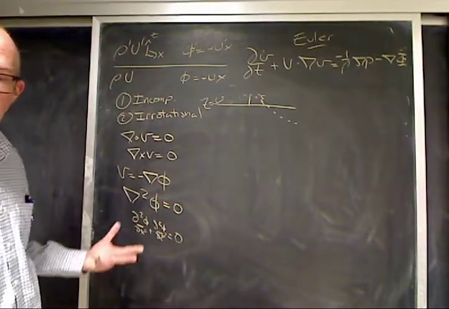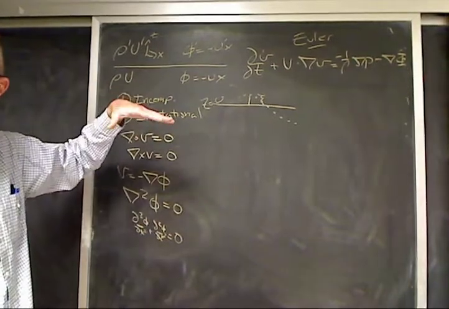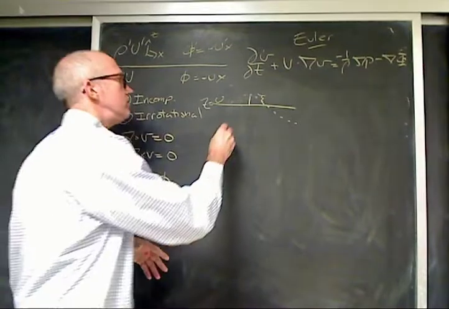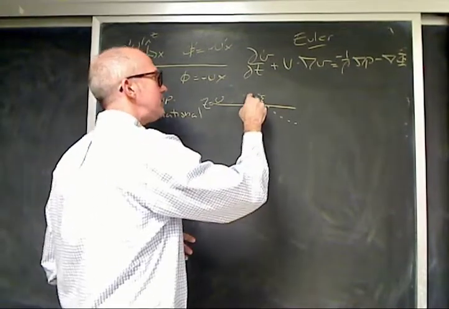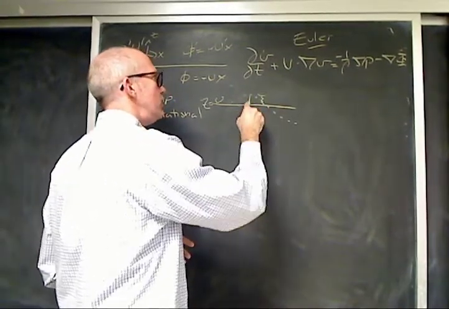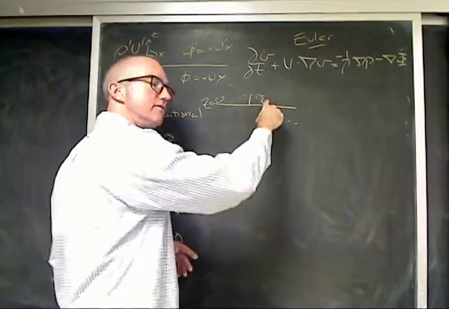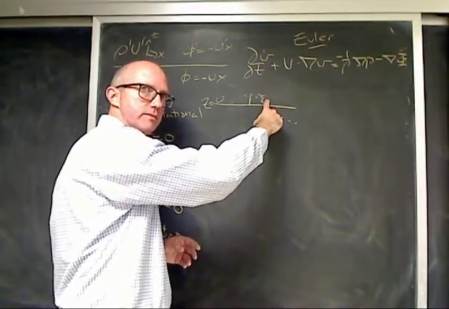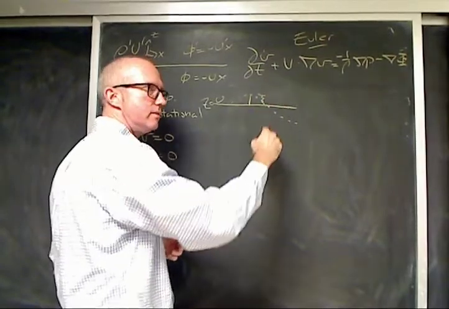Xi is the height of the interface. And so what are the things that we know about xi? So at the interface, I know that the time derivative of xi is the velocity of the fluid. It might be a gas. It might be not a gas.